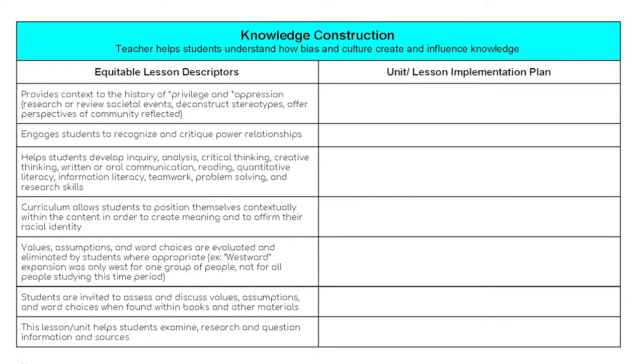It also means having values, assumptions, and word choices evaluated by students when appropriate, having students invited to the process of assessing and discussing values, assumptions, and word choices, and ultimately having an instructional space that allows students to examine, research, and question information and sources.